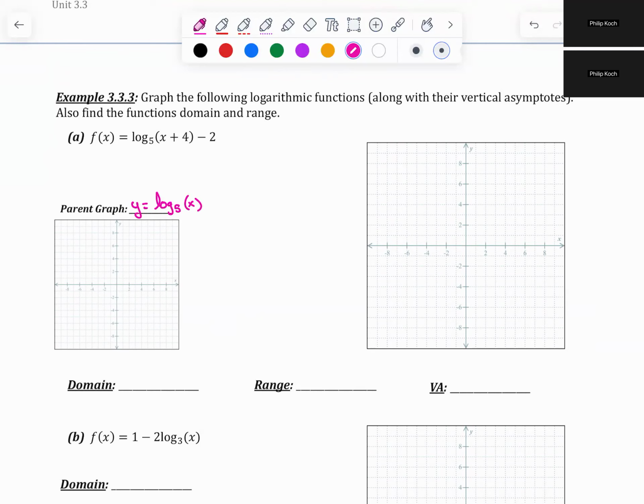So that has the points (1, 0) and (5, 1), and has a vertical asymptote at x equals 0. And it should look roughly like that.